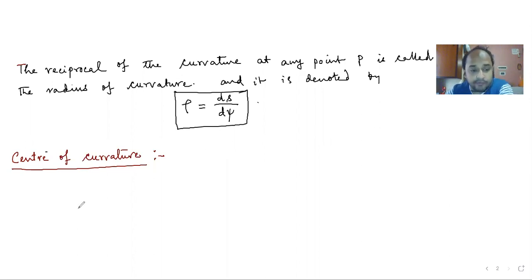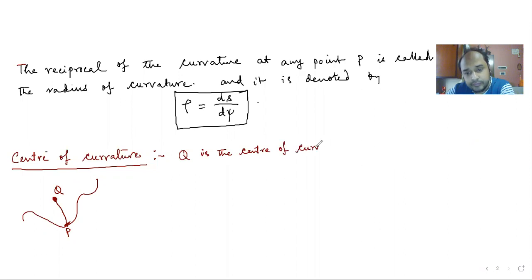If we have a curve that curves in a specific manner, then with respect to a particular point capital P, there must exist another point Q. If I draw a normal from this point Q to point P, then we'll say that capital Q is the center of curvature with respect to the point P. Now, if you consider another point P1 over here, and suppose you draw a normal like this, and suppose this point is Q prime, then Q prime will be the center of curvature with respect to the point P1, and so on.